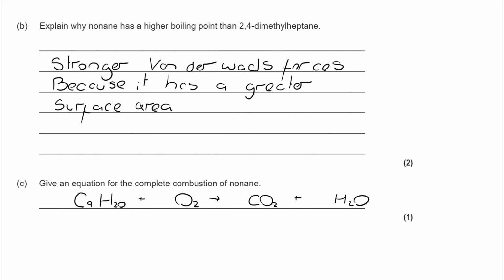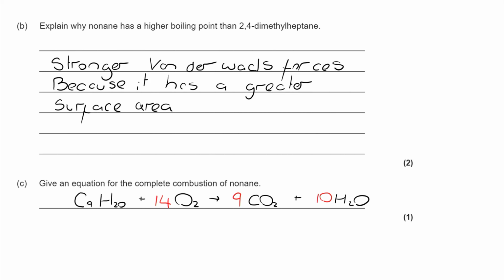I will balance the carbons, followed by the hydrogens, followed by the oxygens. So C9 means 9 CO2. 20 H's means 10 H2O. And then I've simply got to work out how many O2s I need. So I've got 28 oxygens on the right hand side, so I need 14 O2s so that I can balance the equation.